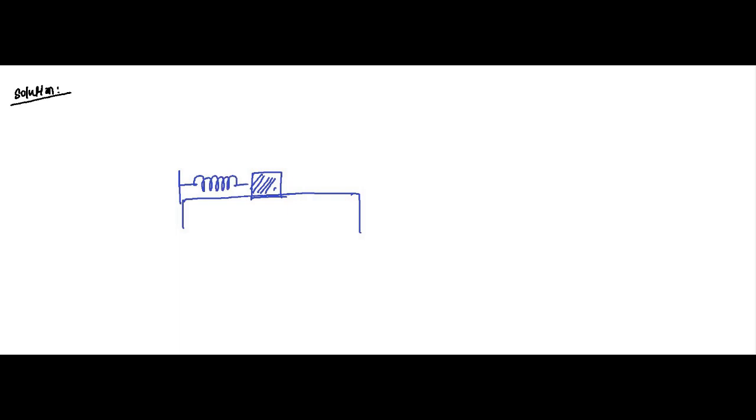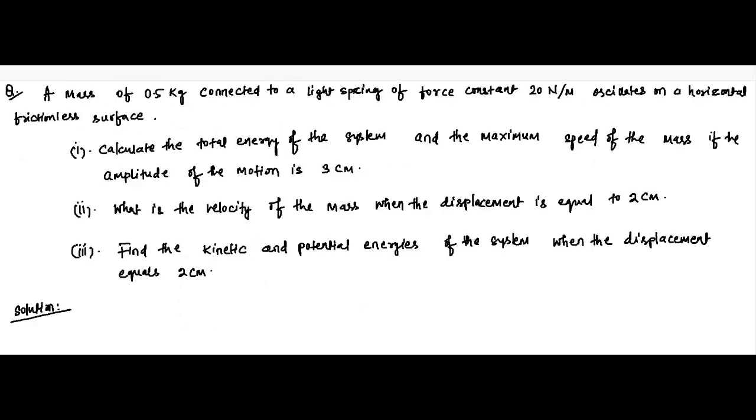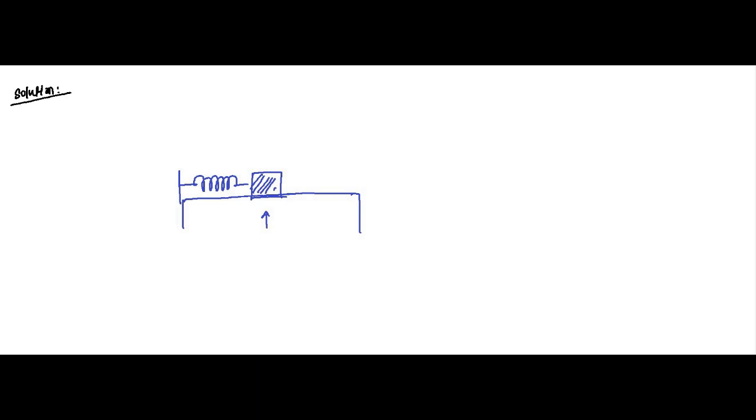Let's say this is the equilibrium position, and this is the maximum it can go either way, that is equal to 3 centimeter and here minus 3 centimeter, like that. Mass is equal to 0.5 kg. Spring constant k is equal to 20 Newton per meter.